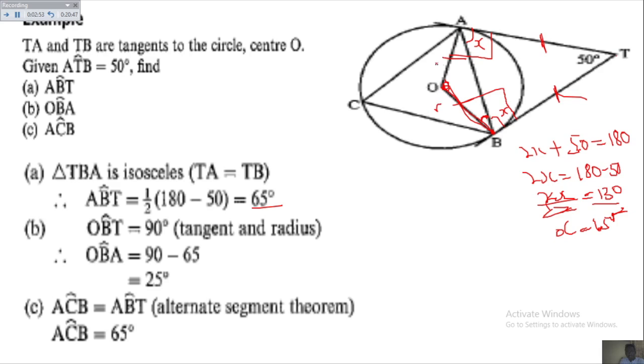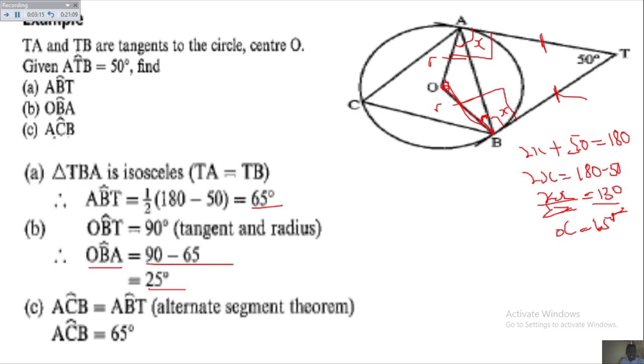Then this one too is radius. Automatically 90, and I've gotten 65 already. If the whole thing is 90, 90 minus 65 will give me this small angle. That will give me what? 25.